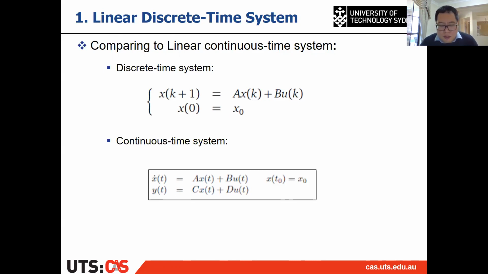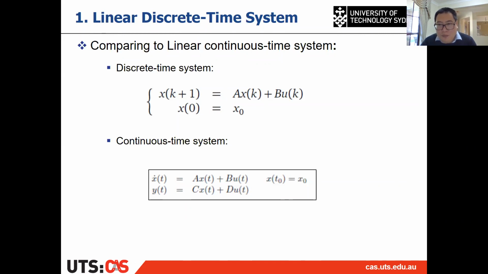This is quite important because every semester, there are students who miss whether it is a discrete time or continuous time system, and then they give a wrong answer. So the first thing is to identify if this is a discrete time system or a continuous time system. Then you can get the right answer.